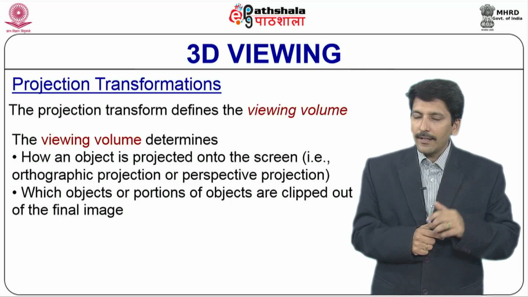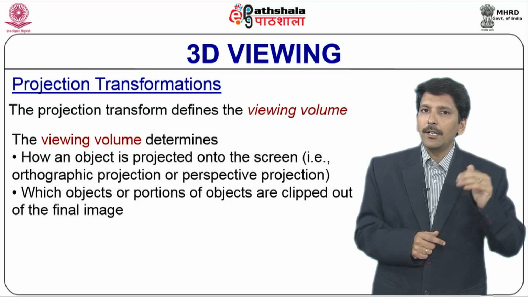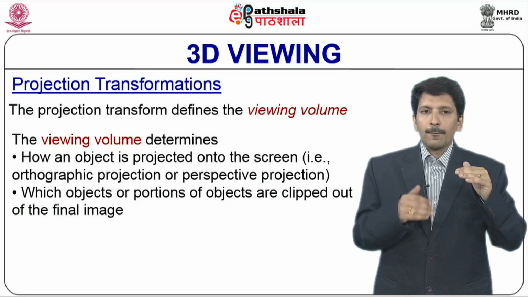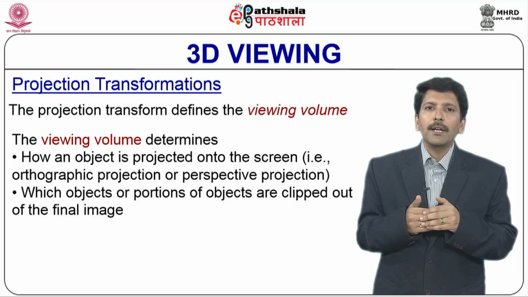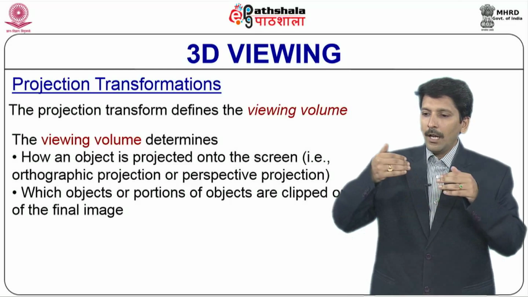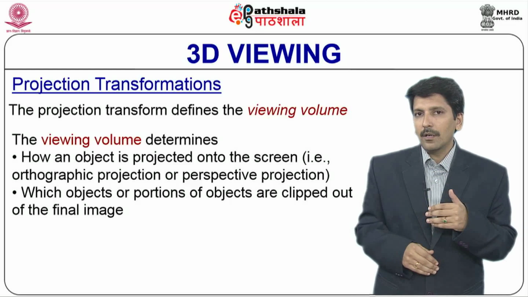Do not be under the assumption here that projection is conversion from 3D to 2D. No, not exactly. In 3D viewing, projection transformations simply convert data in 3D to data in 3D again. That means after conversion we get another 4 by 4 matrix.